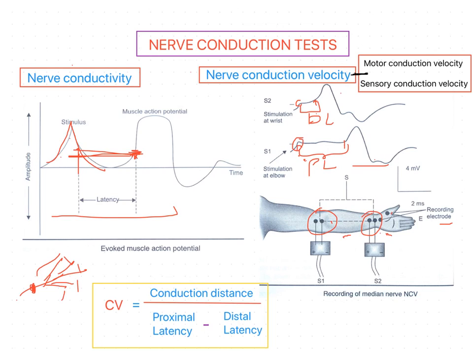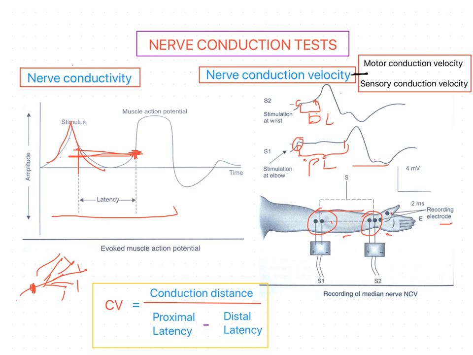How can you identify the conduction velocity? There is one formula. Conduction velocity is equal to conduction distance divided by proximal latency minus distal latency.